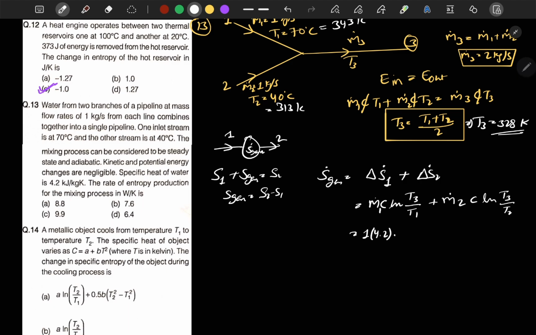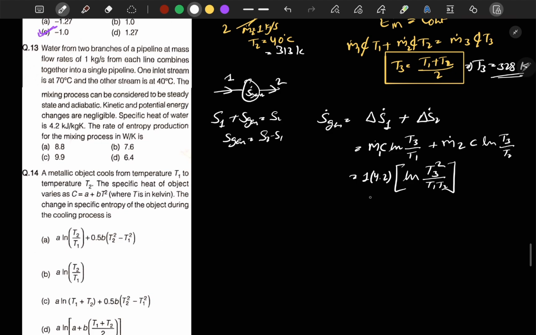Since M1 is equal to M2, we can take them common, and it will be ln of T3 squared over T1 T2. Solving this, we get S generation equal to 8.8 watt per Kelvin.